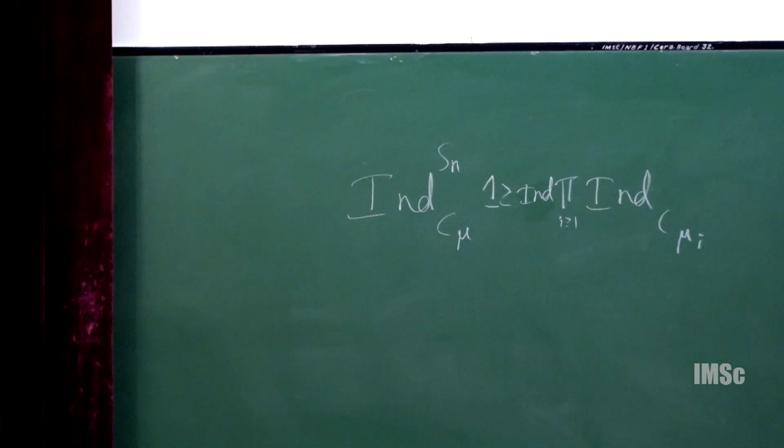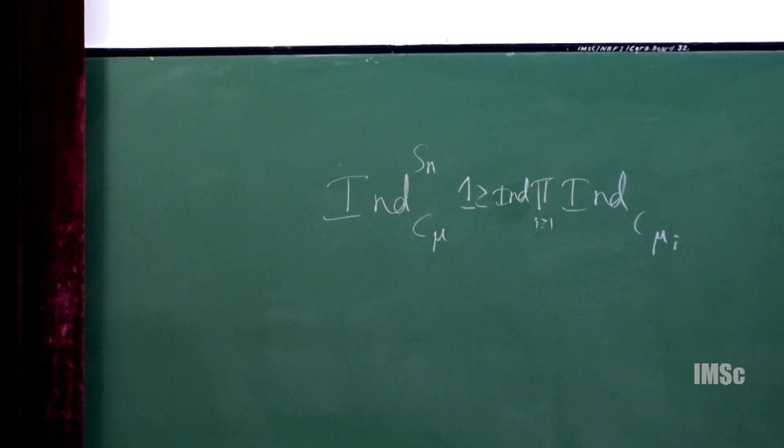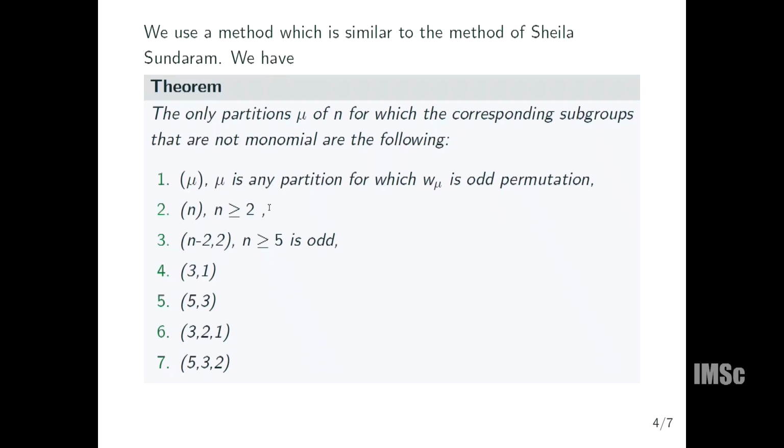Thus the only following partitions correspond to cyclic subgroups which are not monomial, meaning the cyclic subgroups corresponding to a partition not equal to one of these are all going to be monomial.